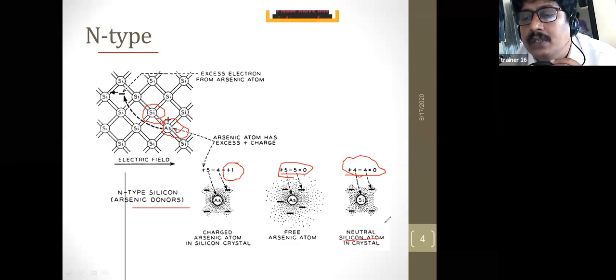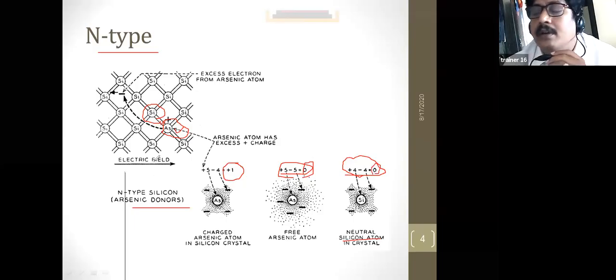So here this silicon needs one electron. So here the arsenic donates to the silicon, so thereby this becomes neutral, right? This is minus 4, plus 4, minus 4 and minus 5. Here it becomes neutral 0, and here also it becomes neutral 0. That means here the arsenic donates one charge to the silicon.